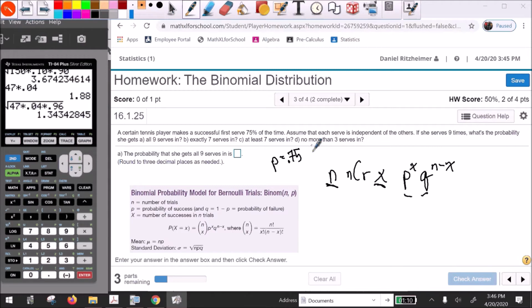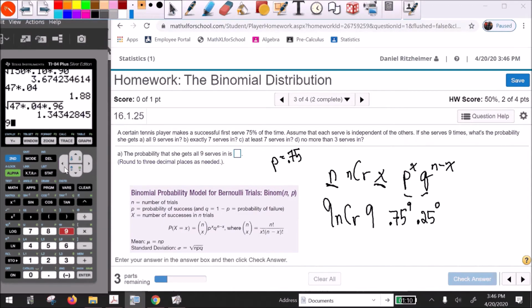So if we're getting all 9 of them in, we have to assume that out of all 9 serves, she was successful 9 times. The probability of getting a serve in is 75%, and we're saying that that occurred 9 times. The probability of not getting a serve in is 25%, and we're saying that that didn't occur at all. So this is our calculation we have to type into the calculator.